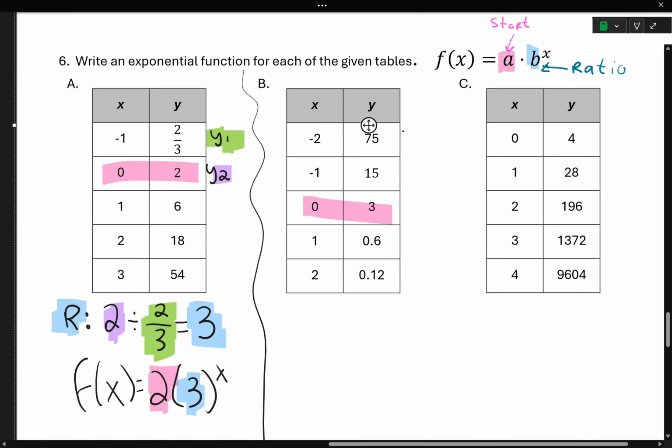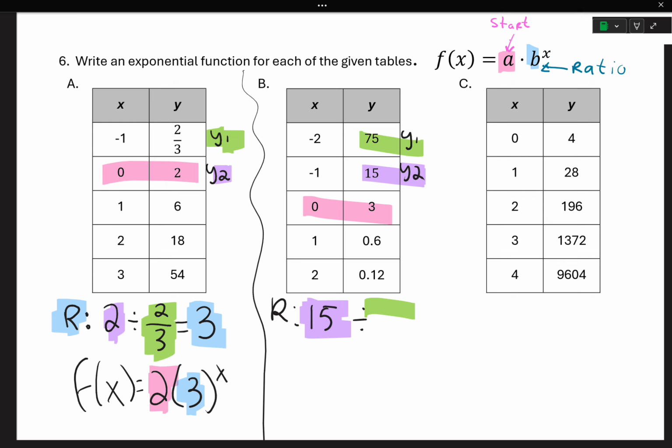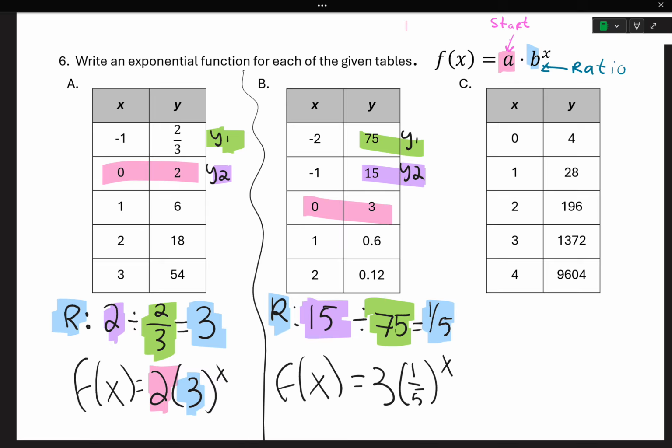Now let's label y1, y2, and find the ratio. y2 is 15, so we're going to do 15 divided by y1, which is 75. 15 divided by 75 is 1/5. Our function is f of x equals 3 times 1/5 to the power of x.